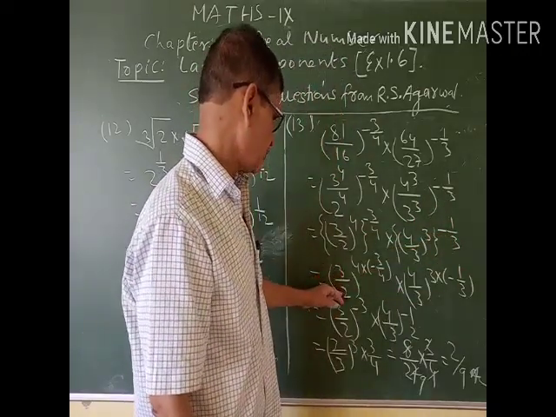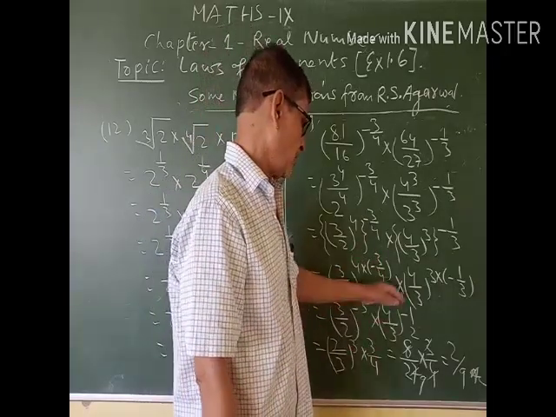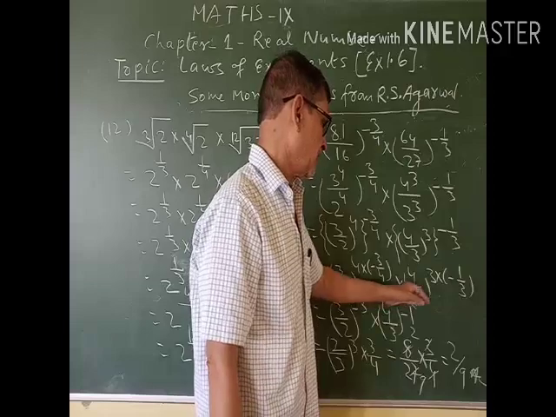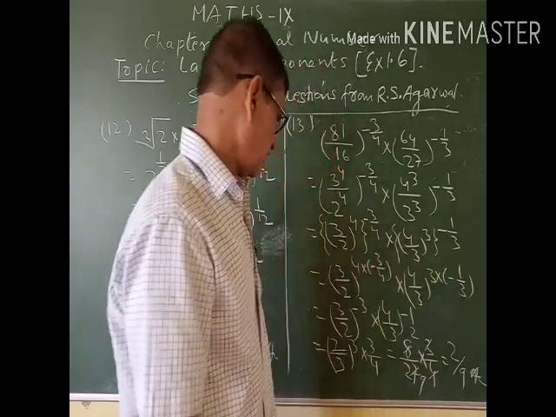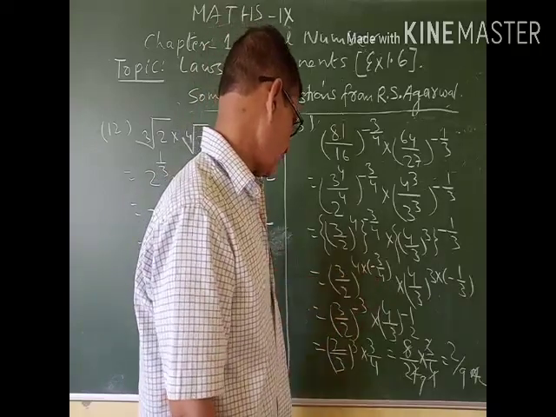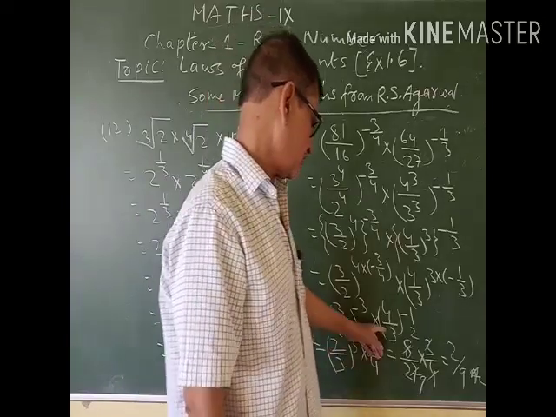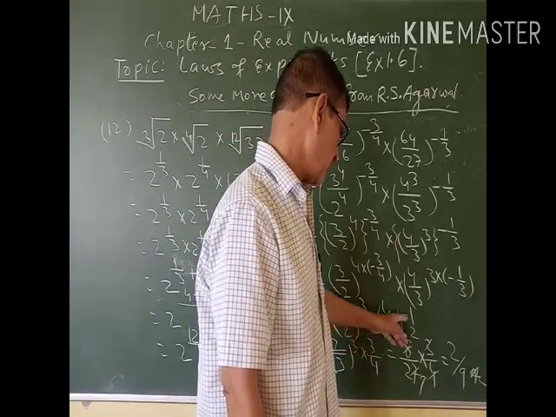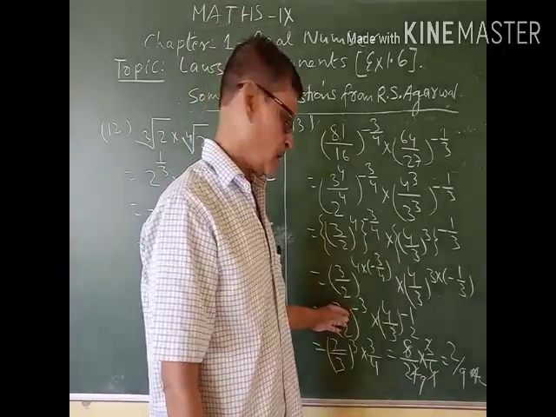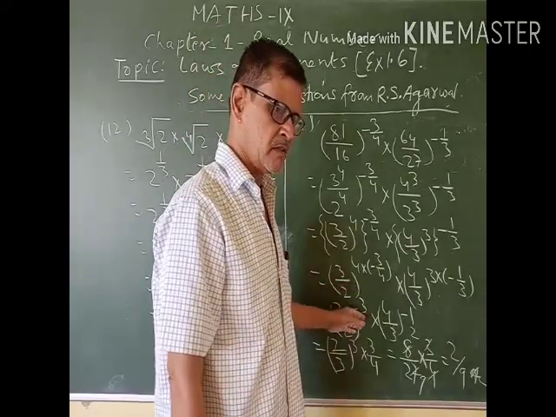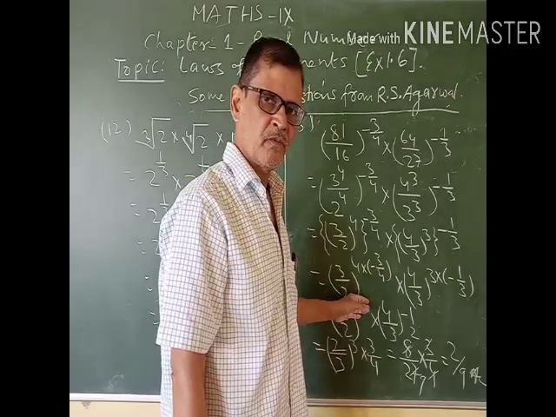Now 3 by 2, 4 into minus 3 by 4, into 4 by 3, 3 into minus 1 by 3. The 4 cancels, giving 3 by 2 to the power minus 3, and this will be equal to 4 by 3 to the power minus 1. Now you know very well how we can change this negative exponent into a positive one.